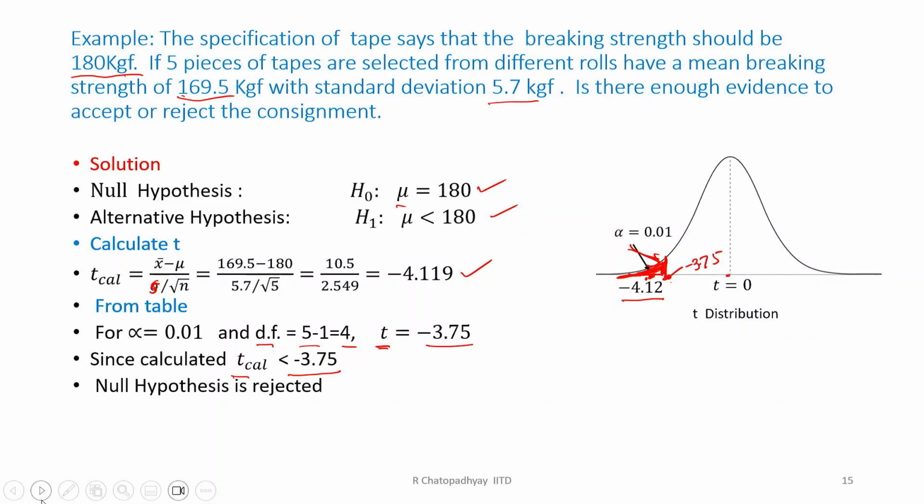That means the consignment which is coming to us is not of the right quality. The tapes are basically weaker than what is being claimed, or whatever the specifications that we have given to the manufacturer. Okay.